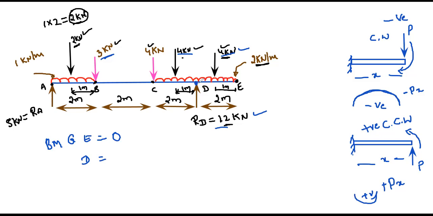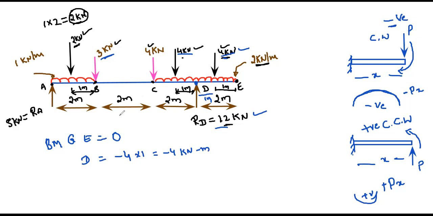To the right of this point D, I have this force 4 kilonewton, which is acting downwards. Downward force creates clockwise moment, so it is treated as negative. So negative 4 is the force, and the distance is 1 meter. So force into distance gives 4 kilonewton meter. This is the moment at point D.